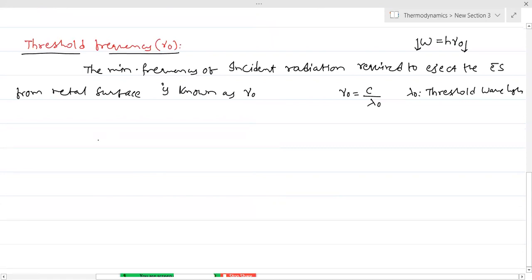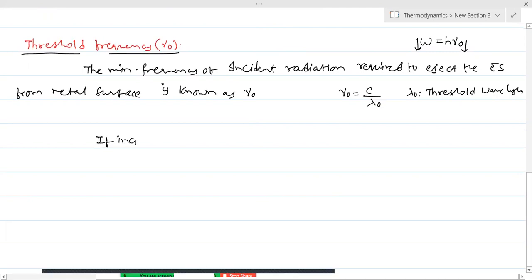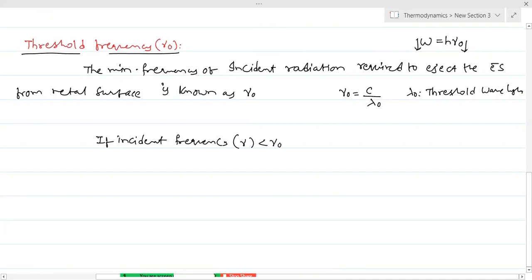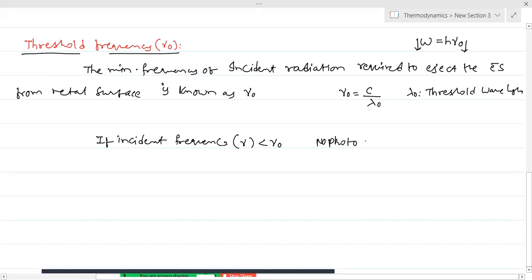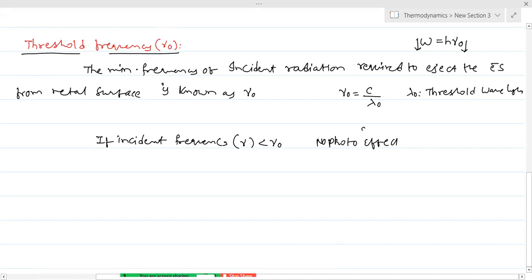Suppose this is the situation I'm taking: if the incident frequency nu is less than nu naught, then there is no photoelectric effect, because nu naught is the frequency needed to start the photoelectric effect.